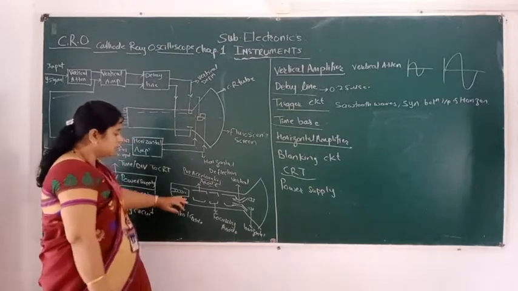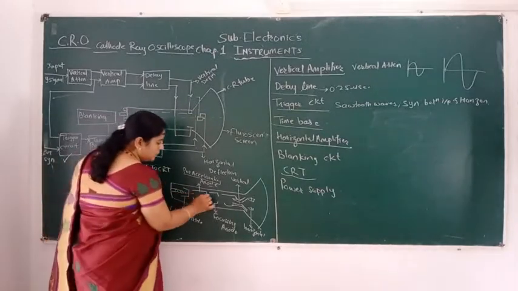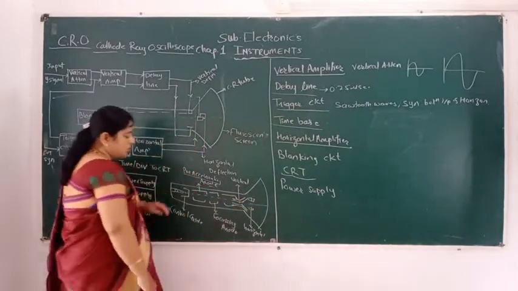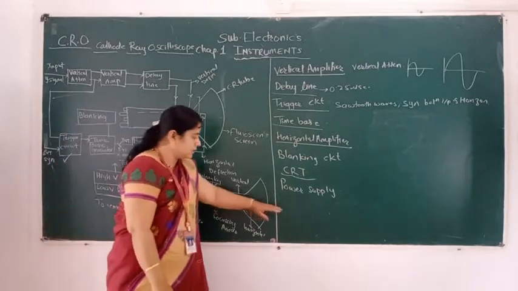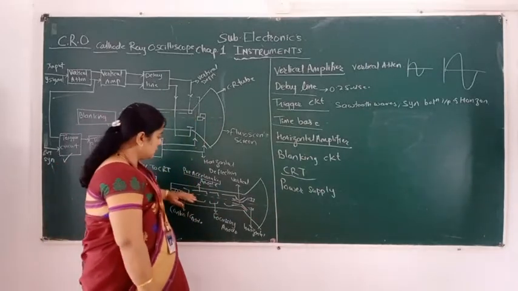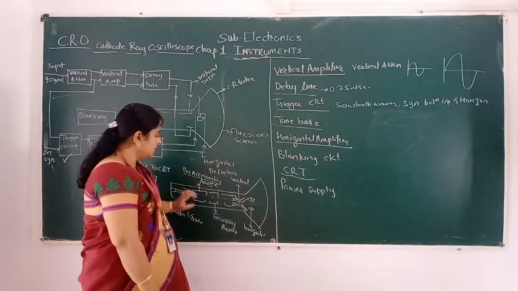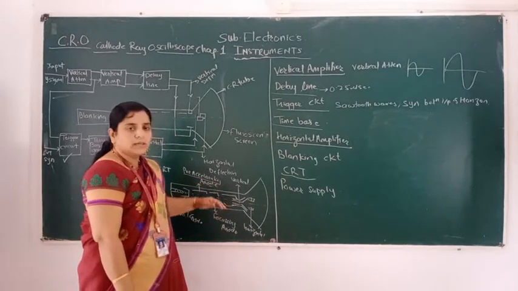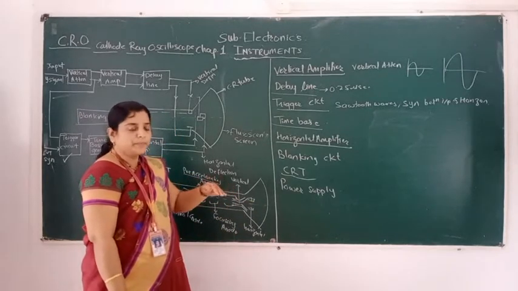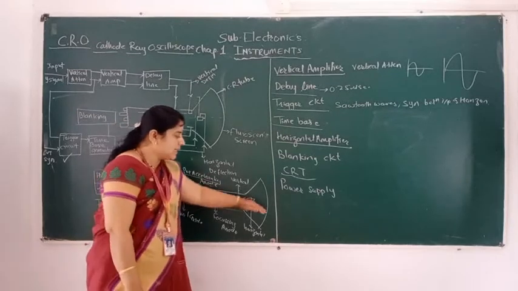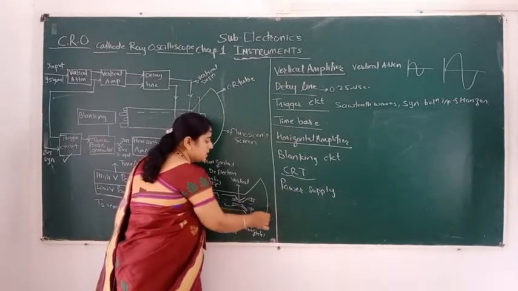Therefore, the electron beam will flow straight in a narrow beam. It flows in this direction. This accelerating anode gives the direction to that beam.